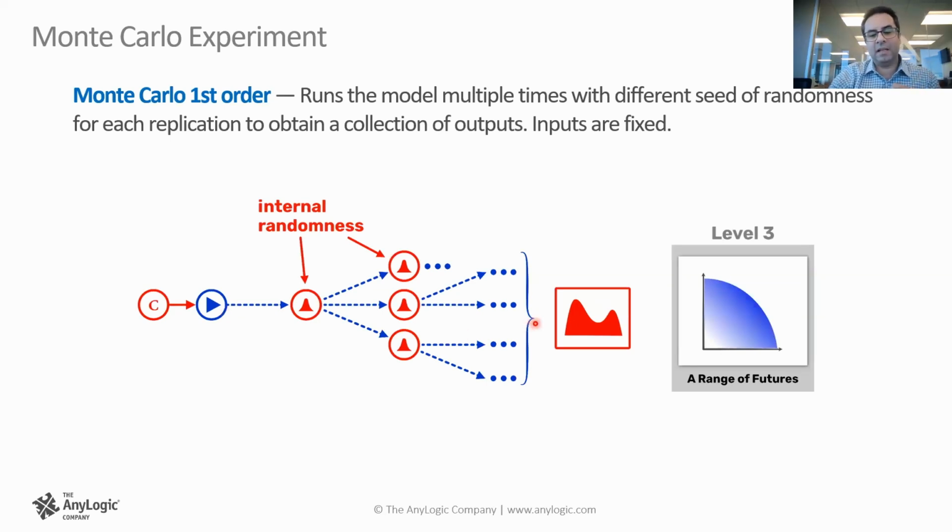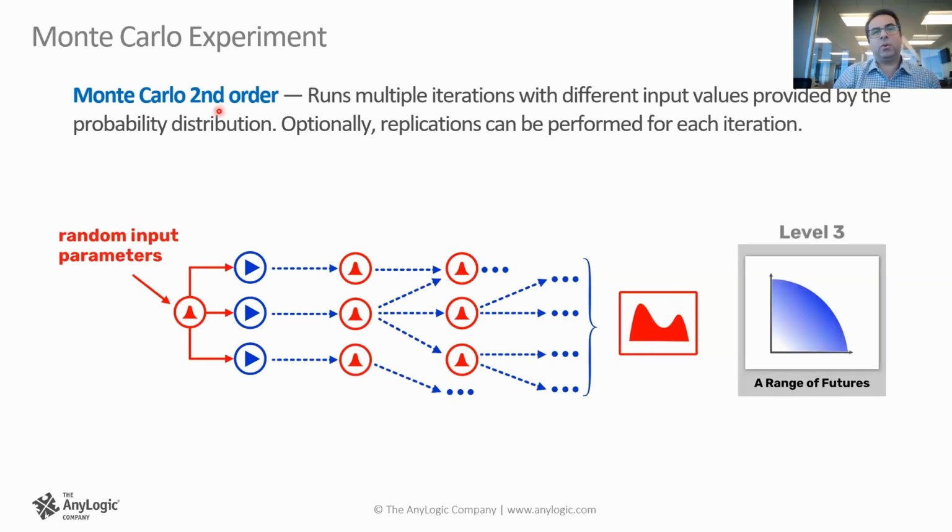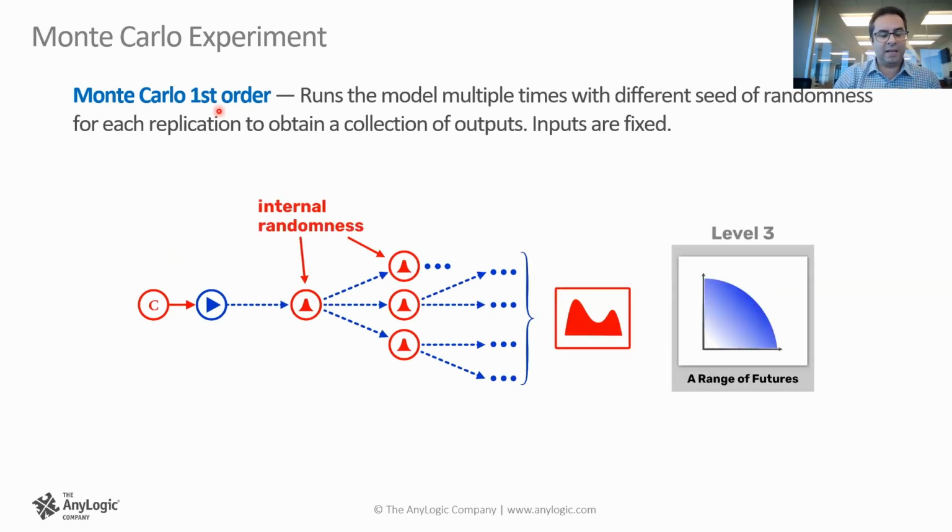And eventually, this results in a distribution that showcases the distribution of that outcome and gives us a more probabilistic view into how the inner workings of that system actually work. So this would be first order Monte Carlo.